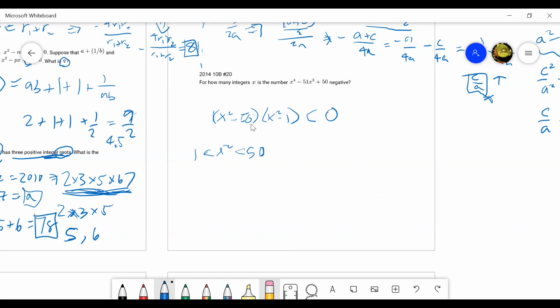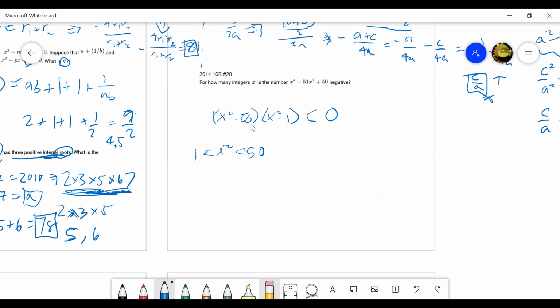Because x squared can't be negative, since it's a square, the smallest it could be is 1. And if it's greater than 50, then this is positive. So we know that it has to be less than 50 and greater than 1. And it definitely can't be equal to 1, because then it'd be equal to 0.